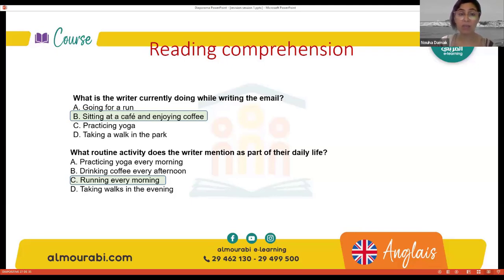The formal email is something official, something at work or at school or university. You see? So that's the formal, or a complaint email to complain about something, or to apply for a job, or to ask about information. That's really a formal and official email. Is that clear? Today we are focusing on the informal email, but we will focus on the formal email later on in another session.